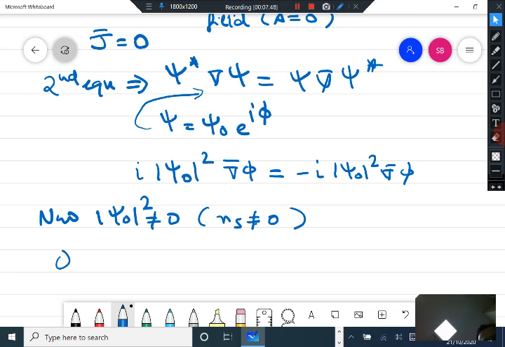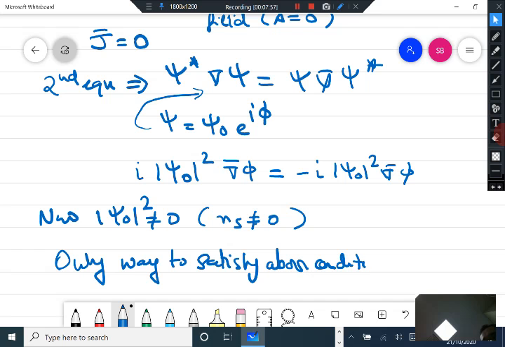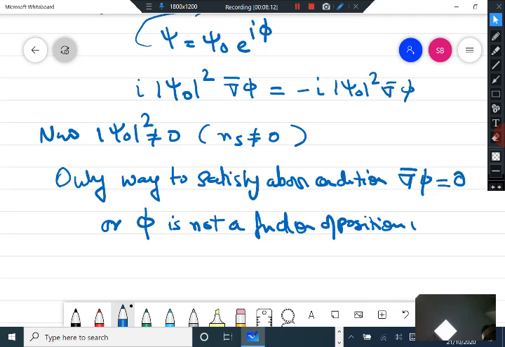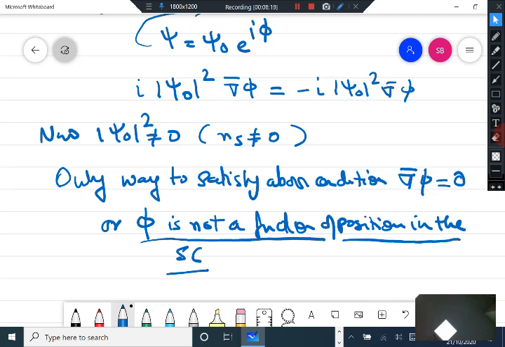So the only way to satisfy the above condition is that gradient of phi is equal to 0, or the phase phi is not a function of position in the superconductor.